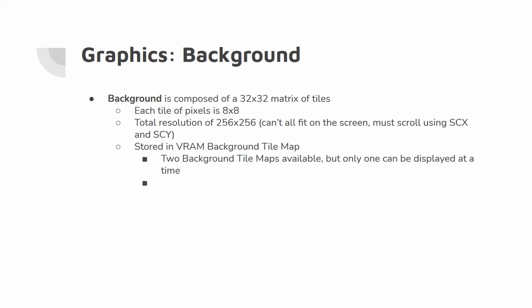You could also have an exact background where it's 160 by 144. But it's up to the individual developer how they want to make their background scenes. And there are 2 background tile maps available to you, but only one can be displayed at a certain time, and those are stored in VRAM.